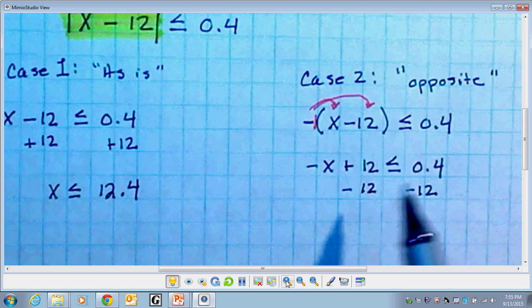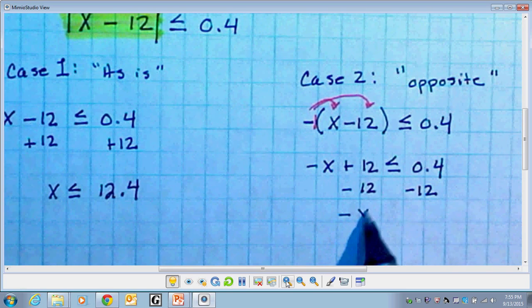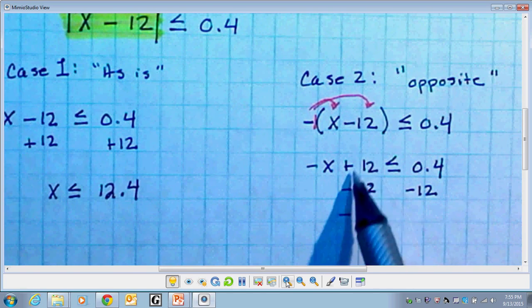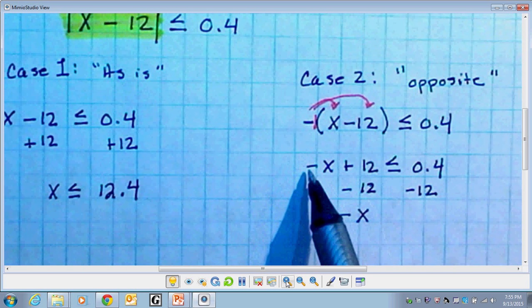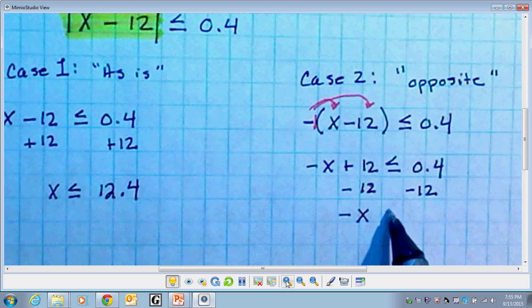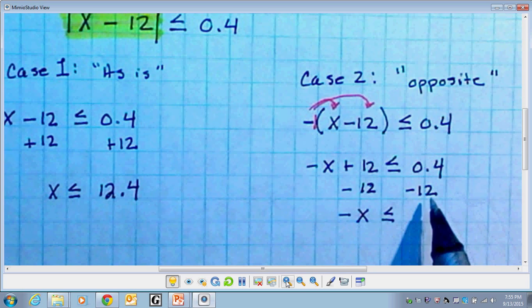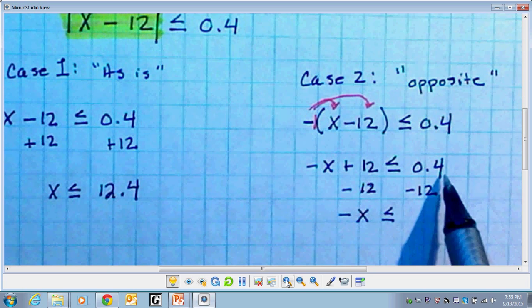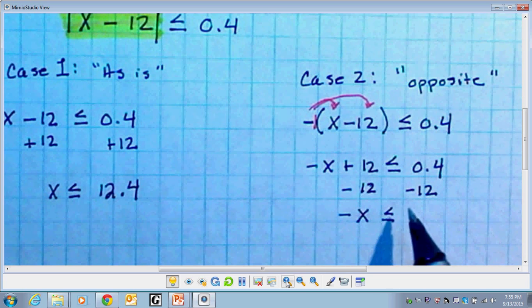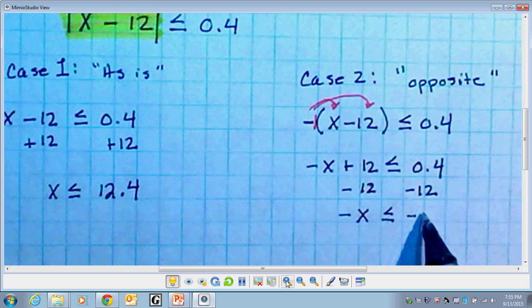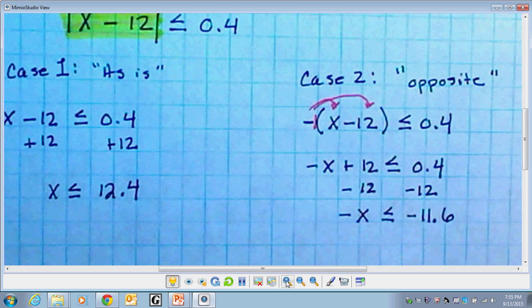So then that means I have negative x, because this turns into a 0. That negative is still in front of the x, is less than or equal to, well, if I have negative 12 plus 0.4, I'm going to have negative 11.6. But I don't want negative x. I want positive x.